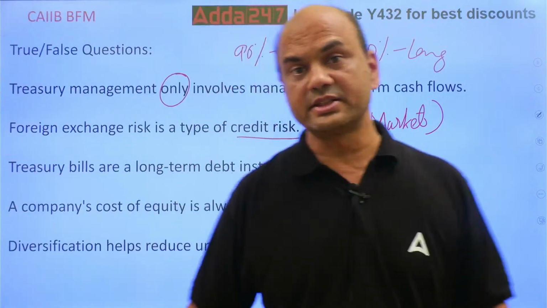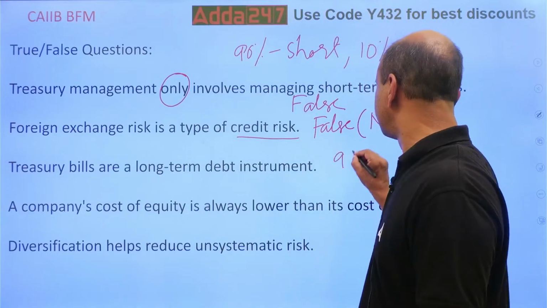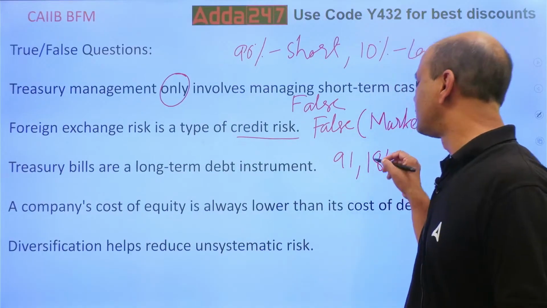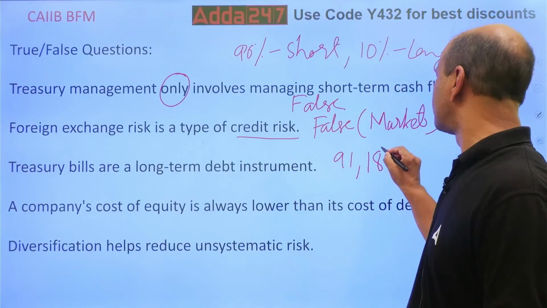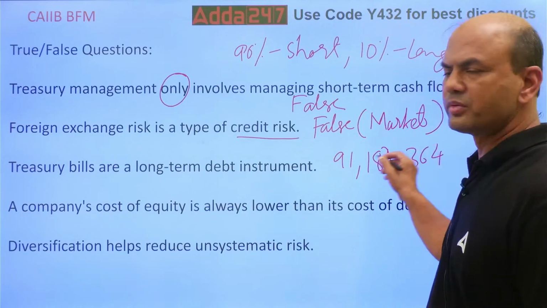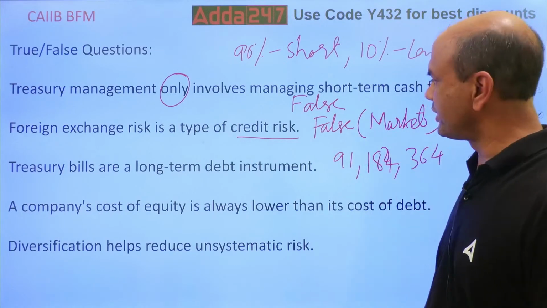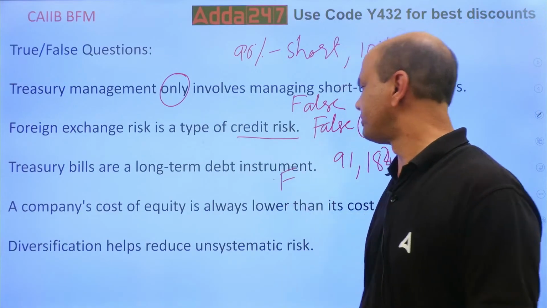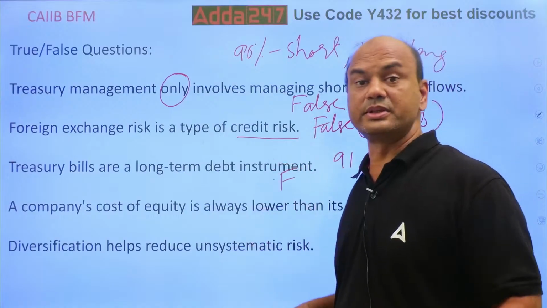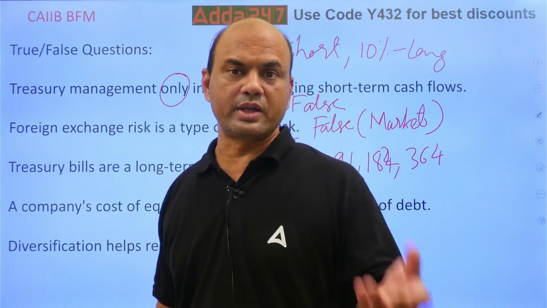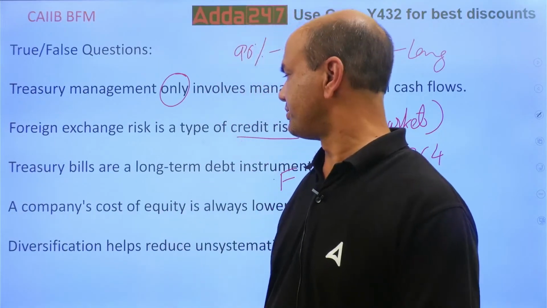Duration of the T-bills is 91 days, 182 days, and 364 days. It's simply the table of 2. 91 into 2, into 2. Okay. So these are short-term instruments. Again, false. These are short-term instruments up to 1 year. Long-term instruments are called dated securities or government securities.